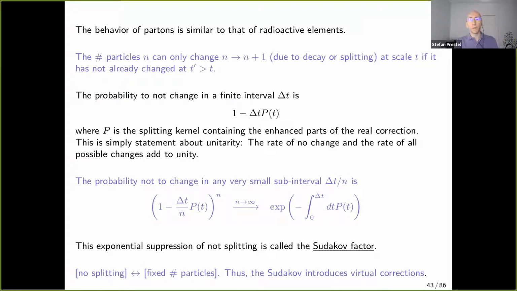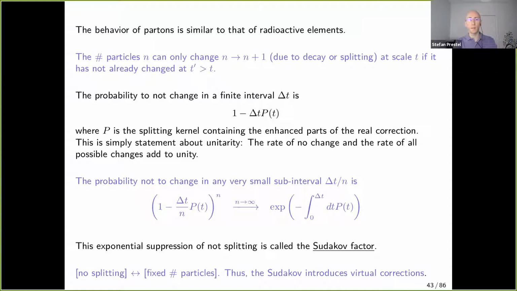Now, the probability for not changing, say, the population of radioactive elements in a finite scale interval delta t is then 1 minus the interval times the naive probability for this decay to occur.